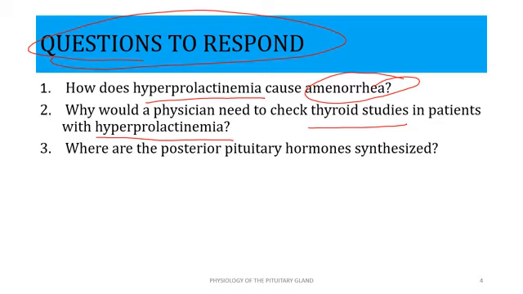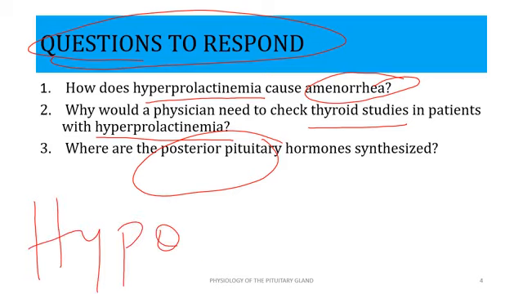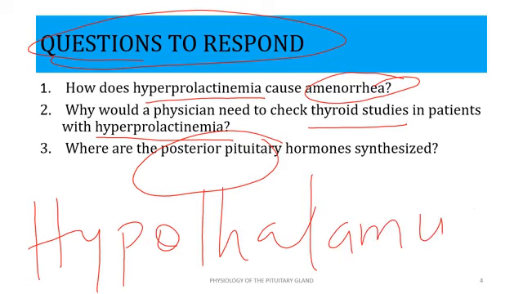And the last, where are the posterior pituitary hormones produced? Just to mention, the hormones of the posterior pituitary are produced in the hypothalamus. They are produced in the hypothalamus and then secreted into the posterior pituitary, where they are stored.